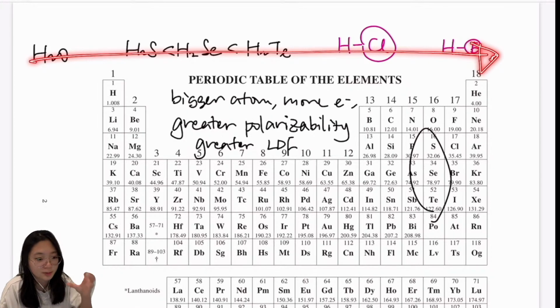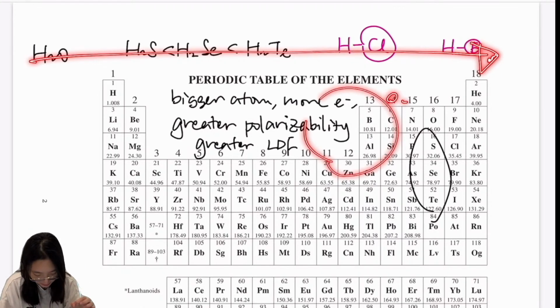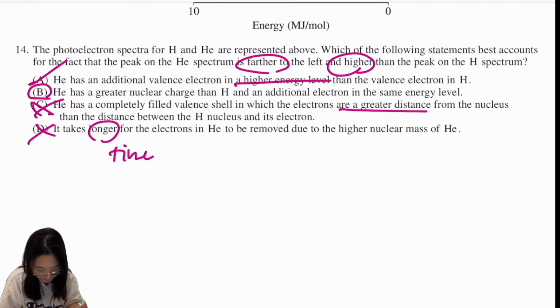The greater attraction between the protons and the electrons makes them shrink little by little. So the distance between the electrons and the nucleus is getting smaller. It's smaller than hydrogen, not bigger.